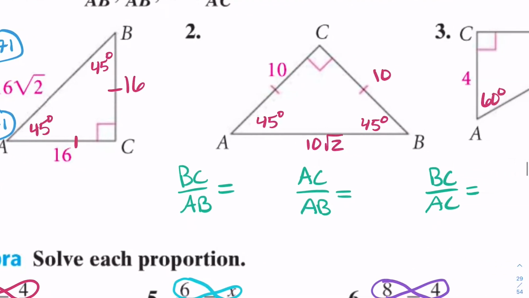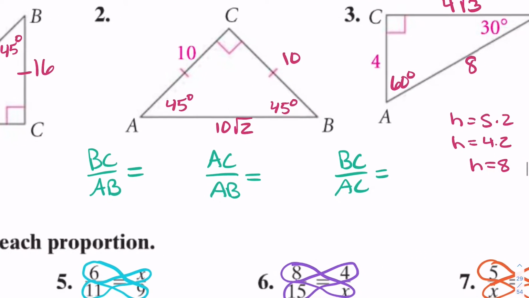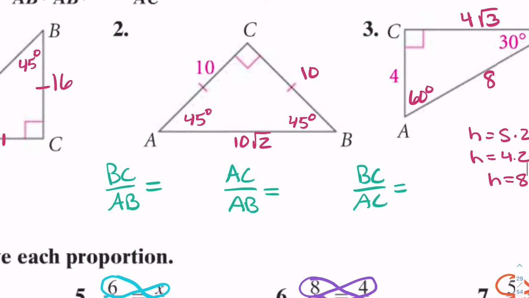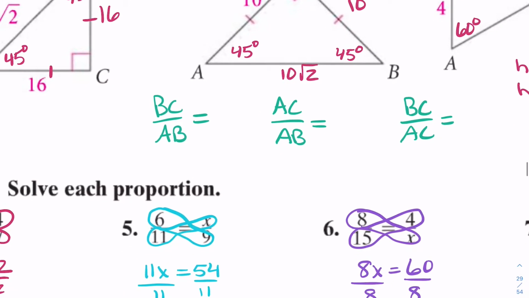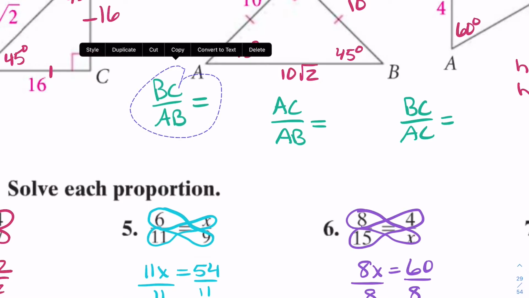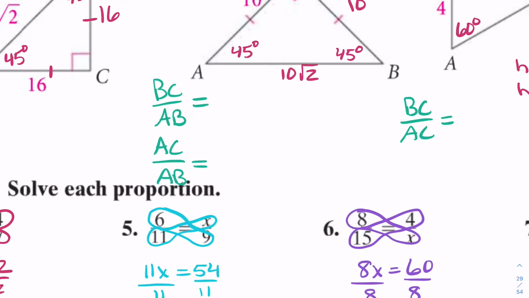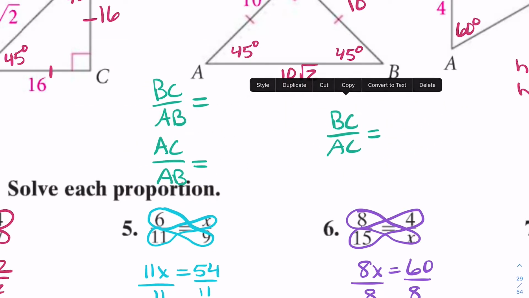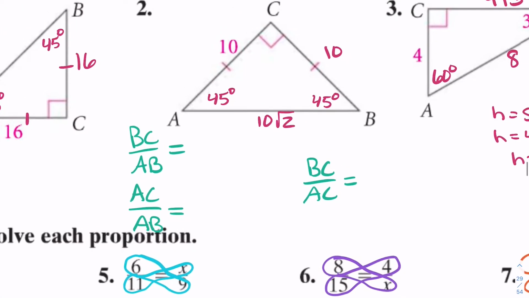Okay, let's look at BC over AB. I'm also not going to have room for this. Going to have to do 2 of them like that. That will fit. Yep, we'll do that one over there. So BC is 10 over 10 square roots of 2. AC is 10 over 10 square roots of 2.